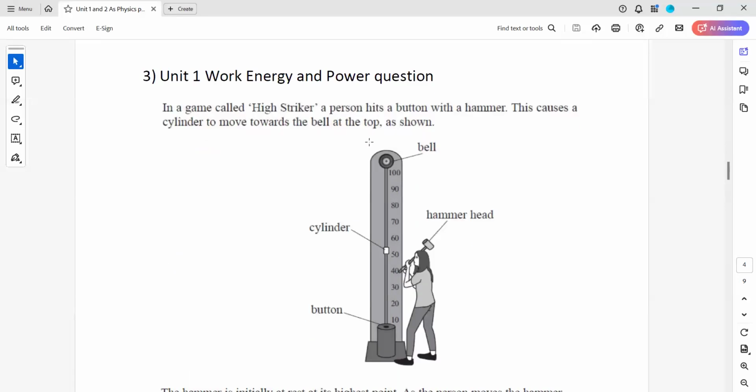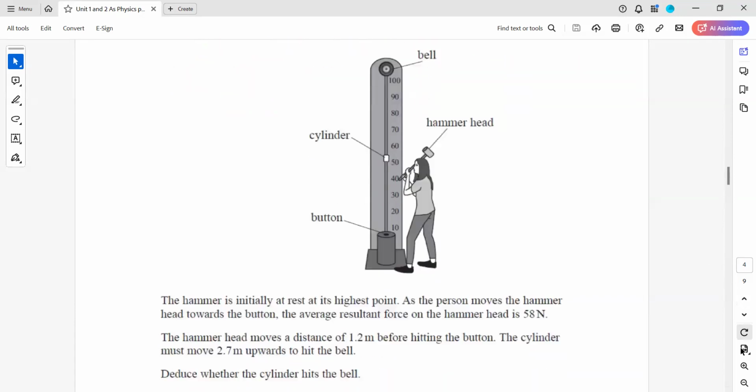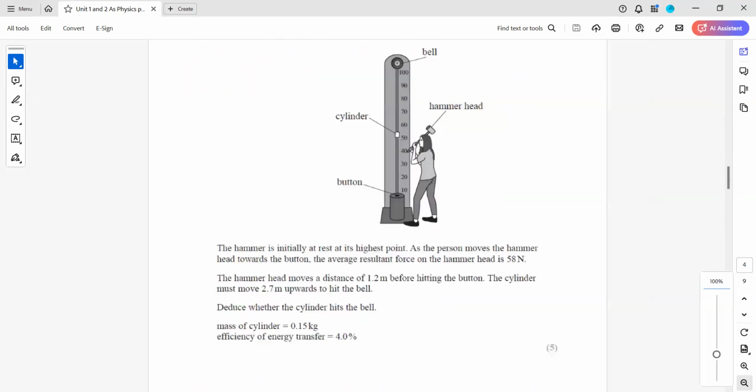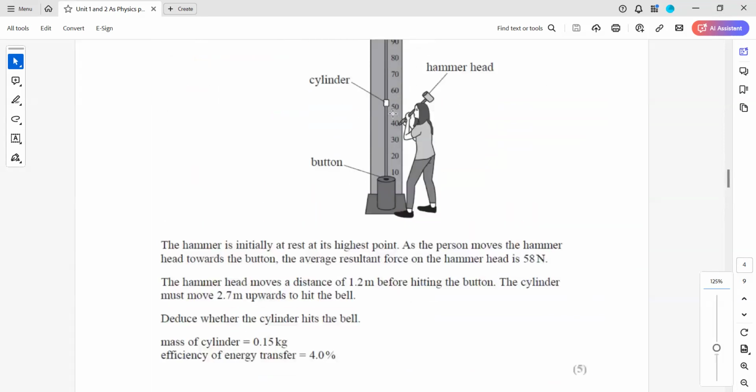The question is related to work, energy, and power. In the game called The High Striker, a person hits a button with a hammer. This causes the cylinder to move towards the bell at the top as shown. The hammerhead is initially at rest at the highest point. As the person strikes and hits the button, the average resultant force on the hammer is 58 newton.